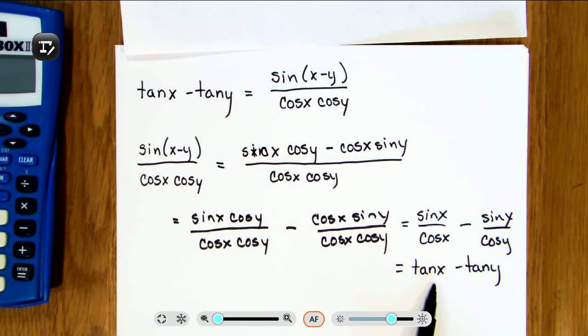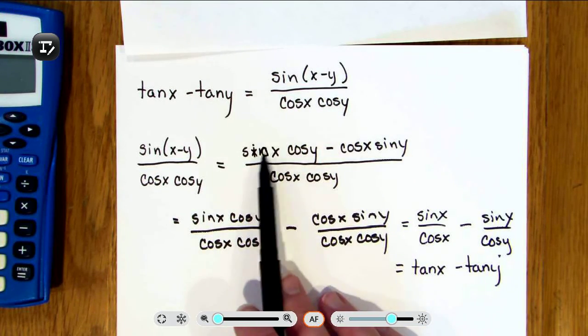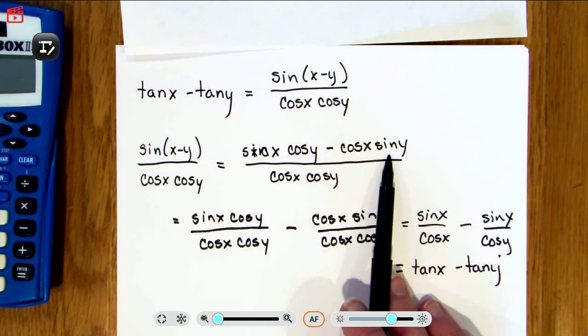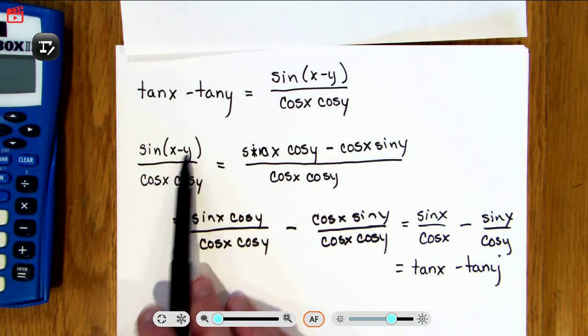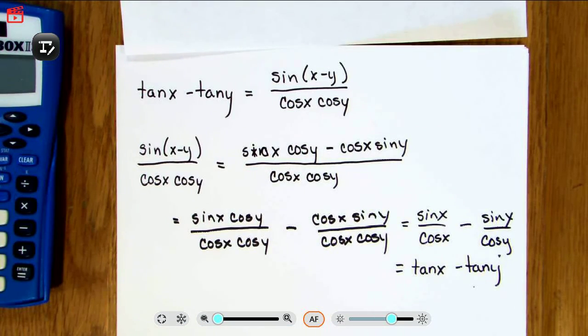We would have changed to sines over cosines, gotten that common denominator, put them together as one fraction, and then recognized that this was the sine of that difference. So you could have gone either direction on this one and gotten there.